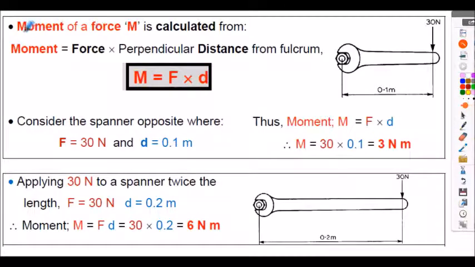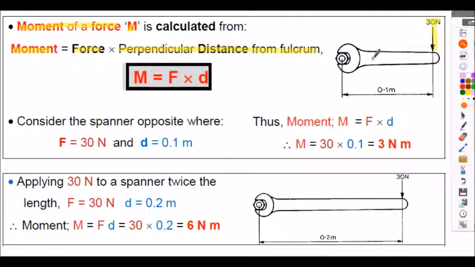So a moment of a force, M, is calculated from the following formula. The moment about a point is the force, shown as 30 newtons in this sketch here, multiplied by the perpendicular distance from the fulcrum, about the point we're considering here.